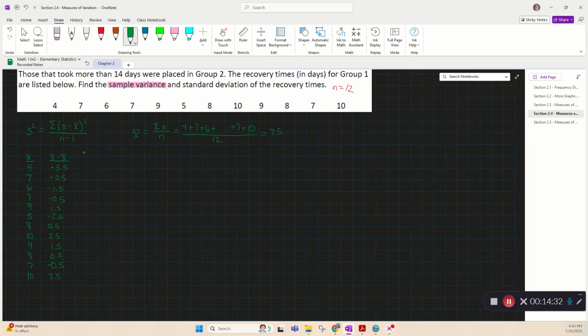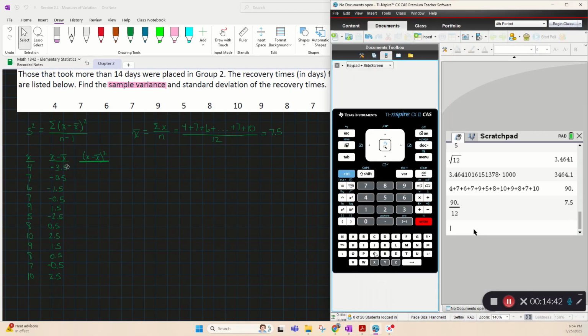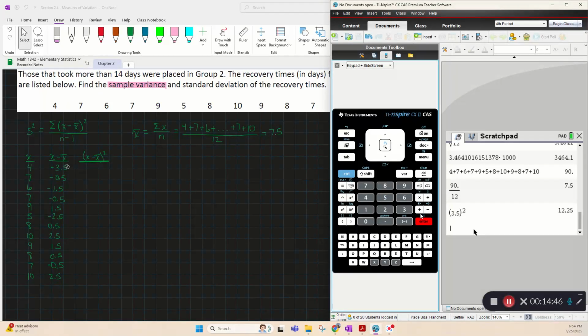Okay? And then we want to square them. X minus x bar, all squared. So I do not know 3.5 squared by heart, so I'll get that. It's going to be 12.25.